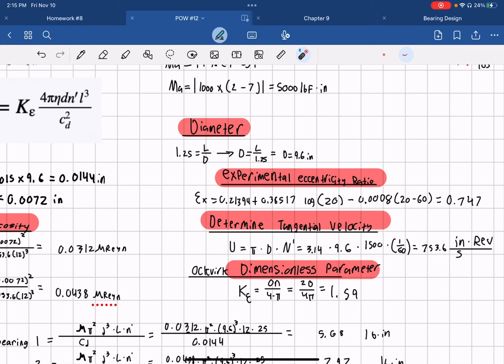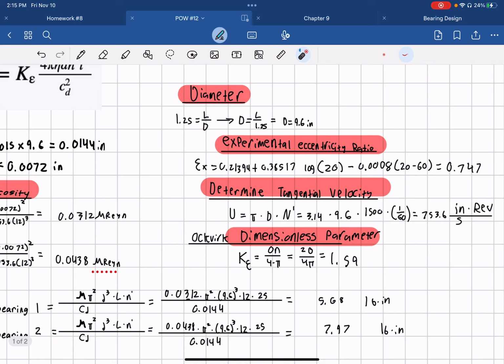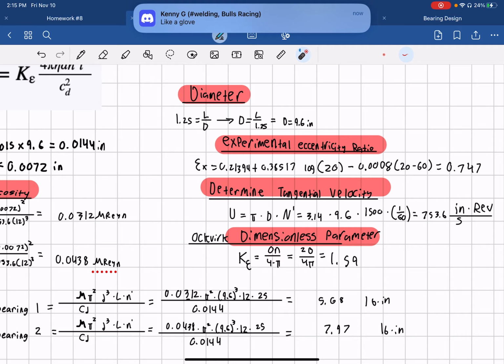You want to plug in your RPM as well as the diameter to then find the tangential velocity, which I got as 753.6 inches times revolutions per second. Then we need to find the Ocvirk dimensionless parameter, which you can just use since it's below a length over diameter ratio of 4. You can just use this equation right here, which gives a value of 1.59 when you plug in the ON value.